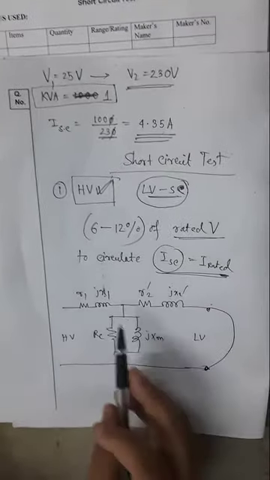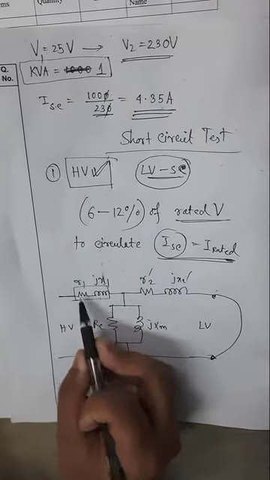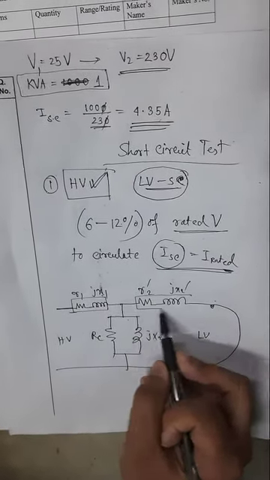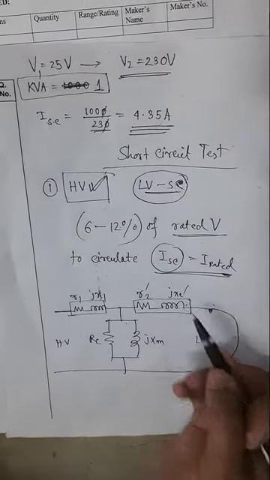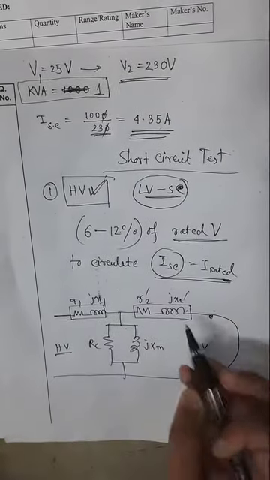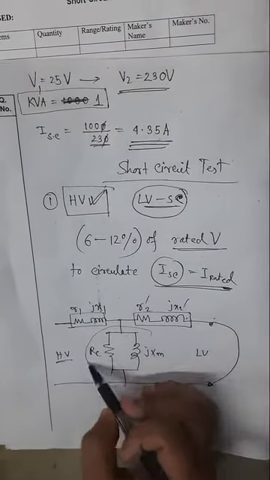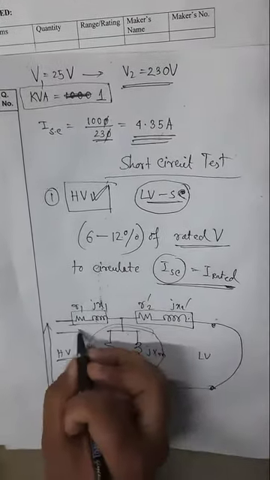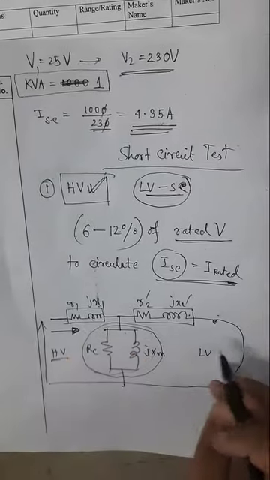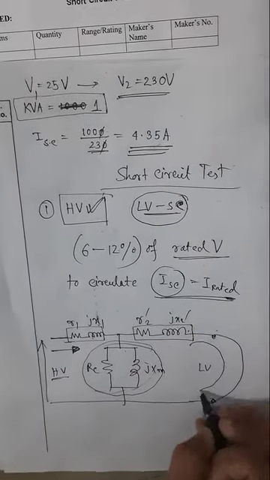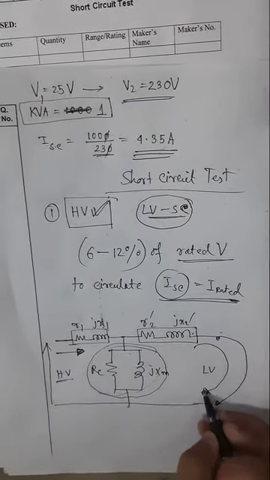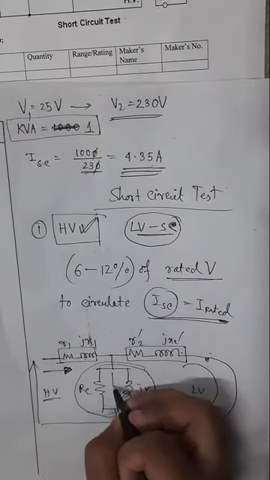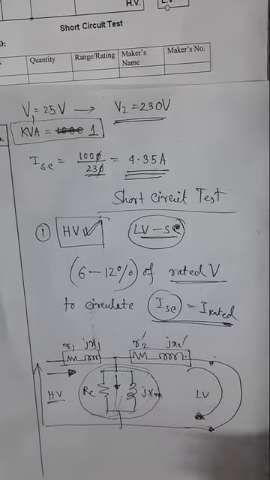Now see, the primary winding resistance, primary winding leakage reactance, secondary winding resistance and secondary winding leakage reactance, referred to the primary side or HV side, are very small as compared to the RC and XM values. That is why the entire current drawn from the supply will go to the short circuit path. Very small amount of current, that is 2 to 6%, will go through this branch.